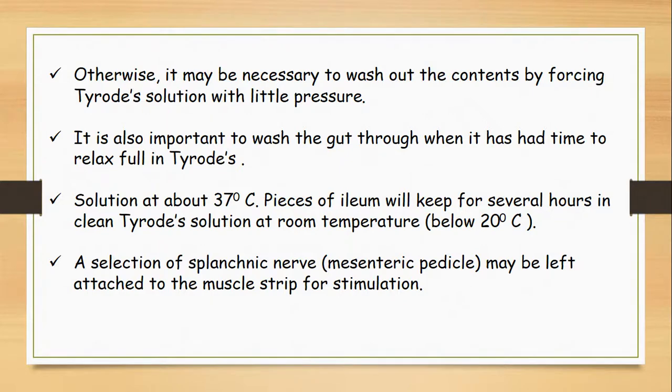Pieces of ileum will keep for several hours in clean thyroid solution at room temperature, which is below 20 degrees Celsius. A section of splanchnic nerve or the mesenteric pedicle may be left attached to the muscle strip for stimulation.